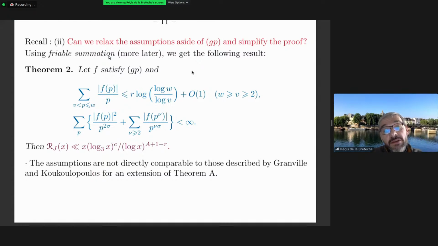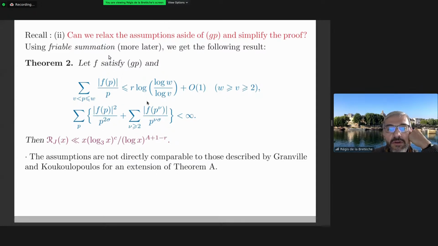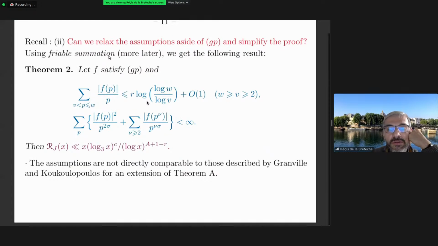Then, of course, the assumptions cannot be directly compared because this assumption is not in the Granville-Koukoulos result, but of course this assumption is weaker than the Koukoulos assumption over the modulus of f.